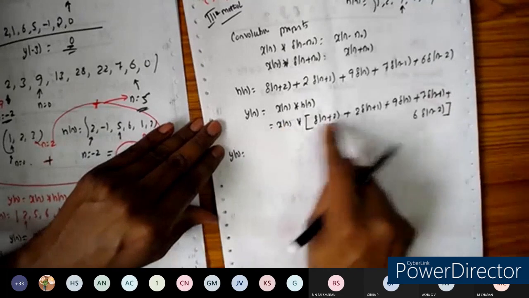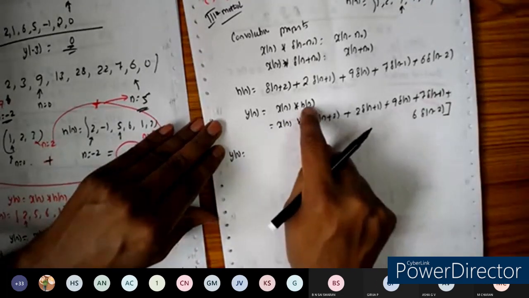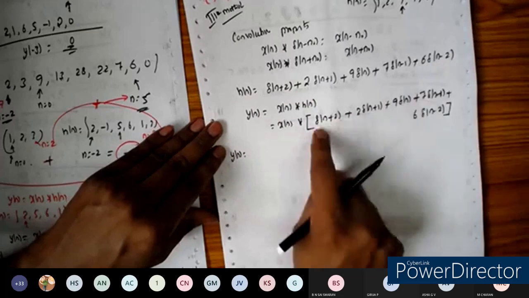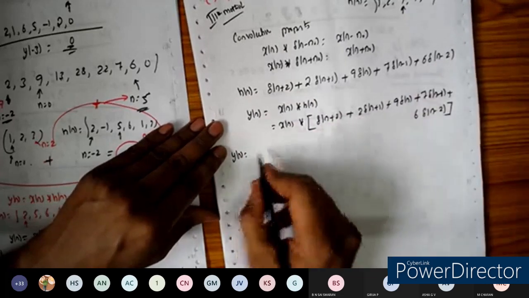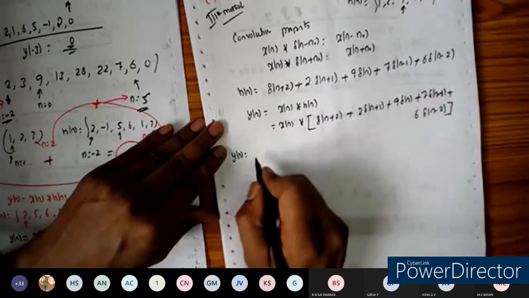Now let us take the convolution of the individual sequences here. We express h of n in terms of the impulse function like this, and we substituted for the h of n here. Now we are going to take the convolution of x of n with the corresponding impulse functions.